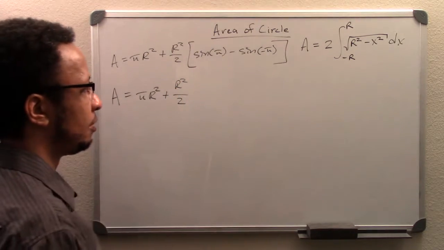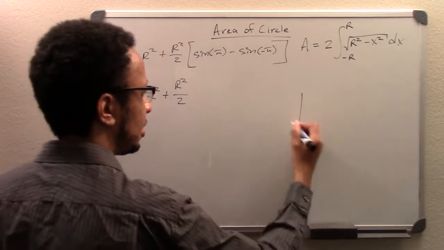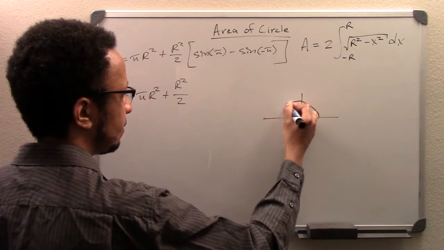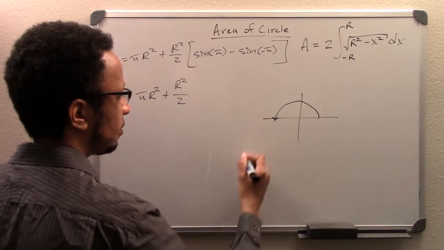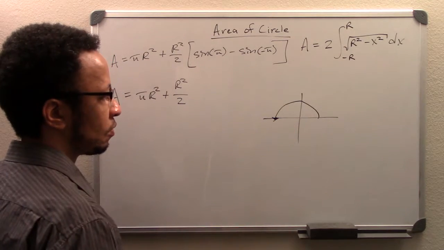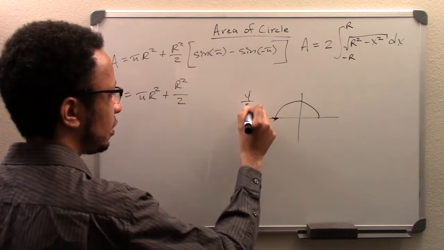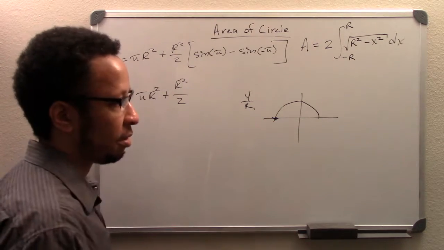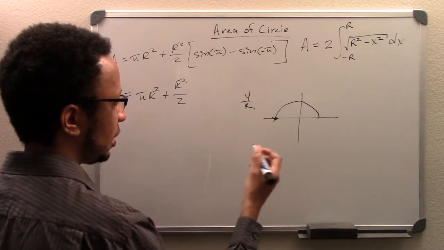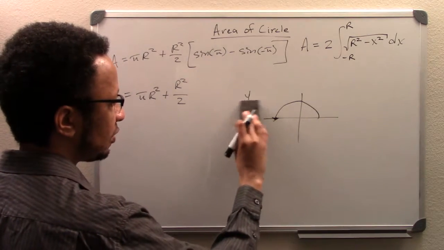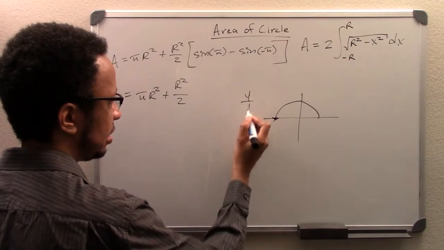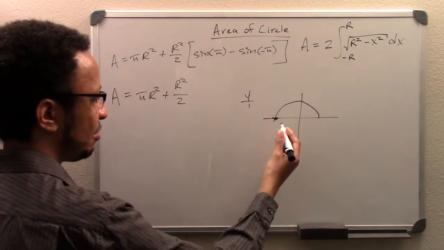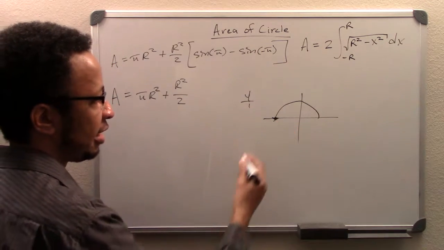Sine of pi is what? Well, look at the graph again. If I go all the way up to pi, which is here, y over r, this is a different r, give it a subscript, r of 1 if you need to, and we're talking about the unit circle, so that'll be 1, y over 1. Well, what is the displacement of y? It's 0, because it's lying right on the x-axis.